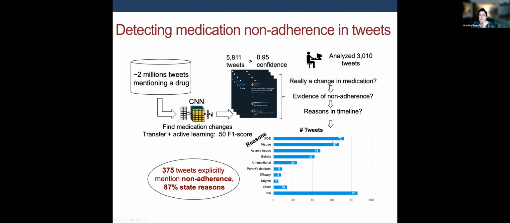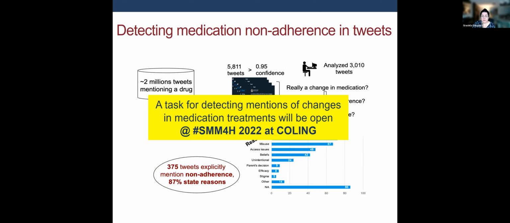So 72 out of the 375 posts that we analyzed, 87% stated the reasons, and the rest didn't. They didn't give a reason, they just said they switched medications. And amongst the reasons we found adverse events, misuse, access issues, belief, unintentional non-adherence, parents' decision, efficacy, stigma, and other. So we do have a way to do this, and we've opened that up.